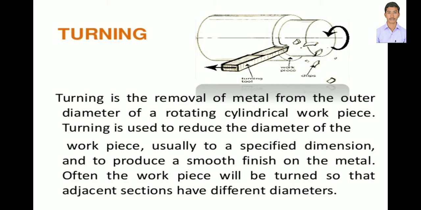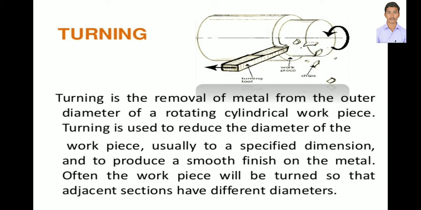Suppose we are taking one cylindrical shaft. In that shaft, material at one end is removed, so the diameter at that end decreases by the cutting operation, removing the metal.